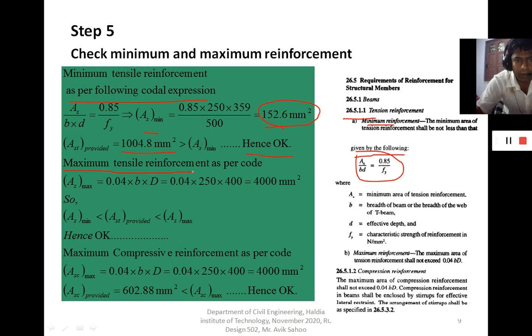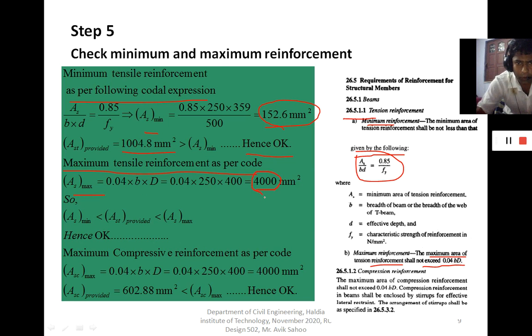Again, for maximum tensile reinforcement as per code, the area of tensile reinforcement shall not exceed 0.04 bD, where b is the width and D is the overall depth. So the maximum reinforcement we check is 4000 millimeter square.